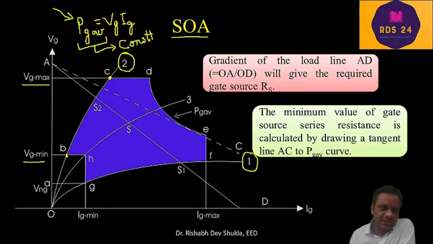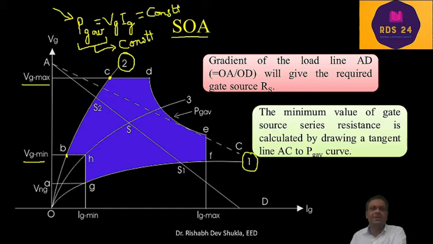If we consider this as a constant, VG IG constant, that is the equation of a rectangular hyperbola.